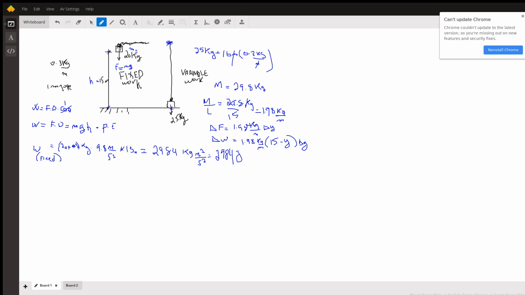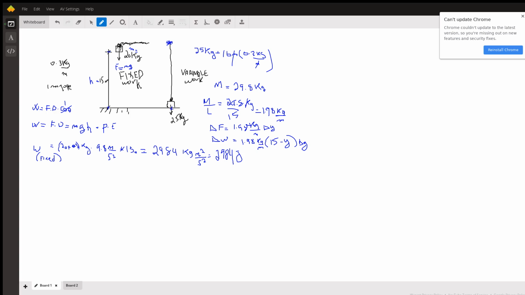When you integrate this, you will get a value in terms of y, which is basically the height of the bucket as it goes up. So this will become 1.98 outside, integral from 0 to 15 of 15 minus y dy. We'll use that 1.98 as a constant and put it outside the integration.